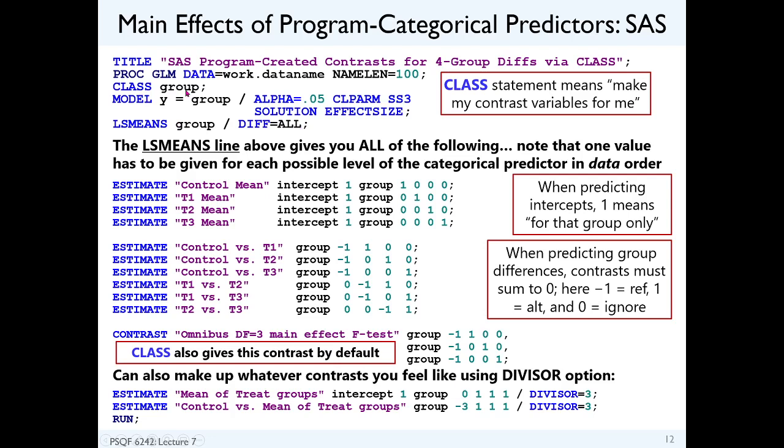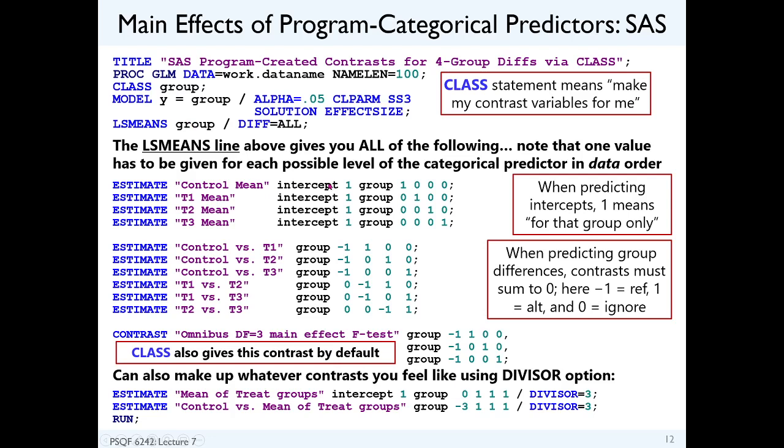So class group and LSMEANS group diff equals all, those two things give you all this stuff. All 10 of these estimate statements, as well as this contrast that lumps the three codes together, are all given to you by the use of the class statement.